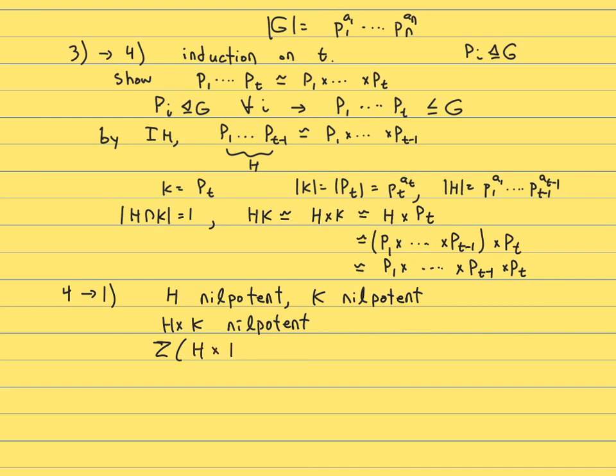And the main step here would be showing that the center of the direct product is the direct product of the centers, and figuring out what happens when you quotient by this center.